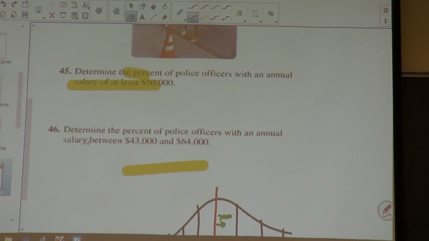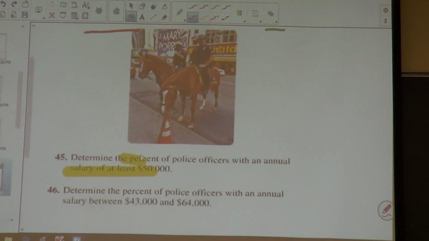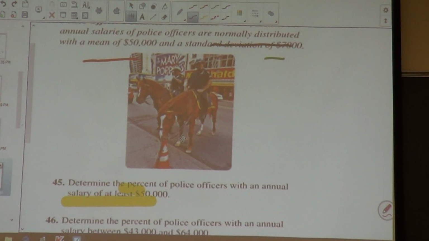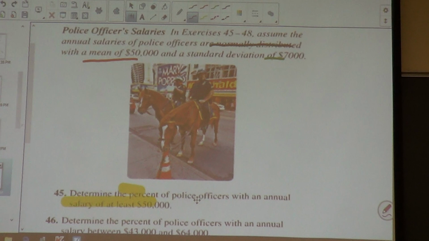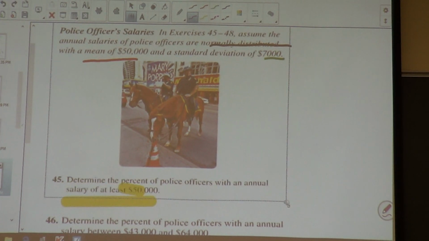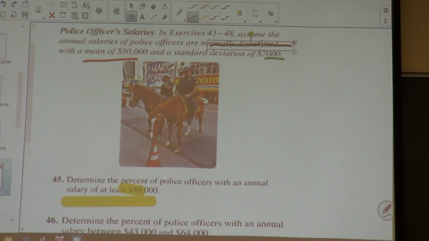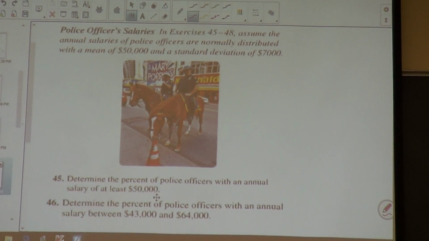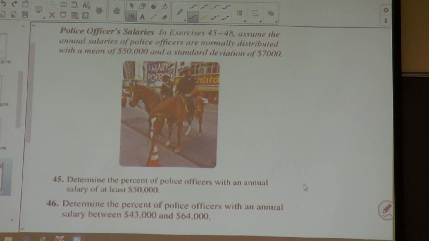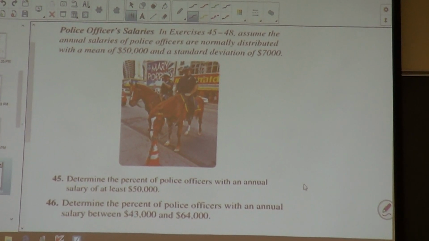I want you to try these two problems. Let me make it smaller so we can get it all on one page. Okay, you have the problem in the paragraph that you've got to draw, and you've got to do both problems.